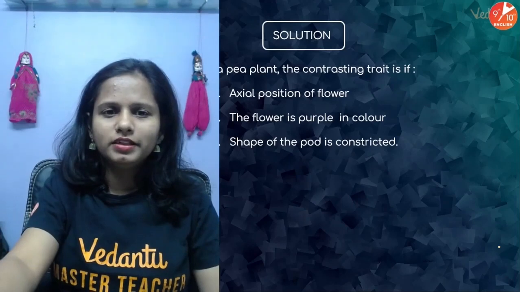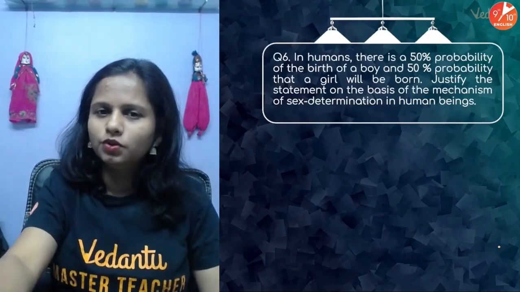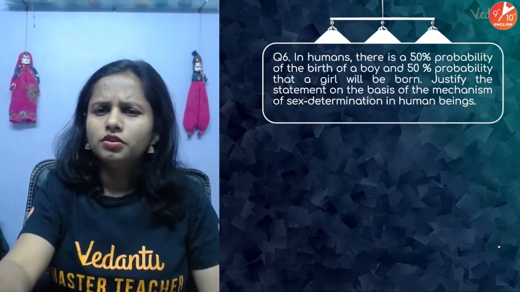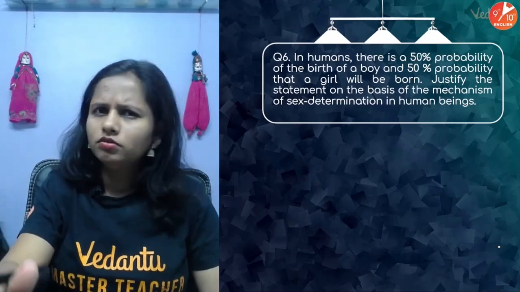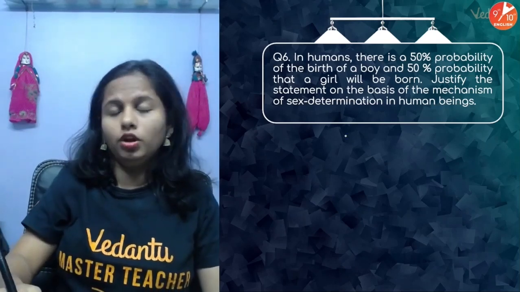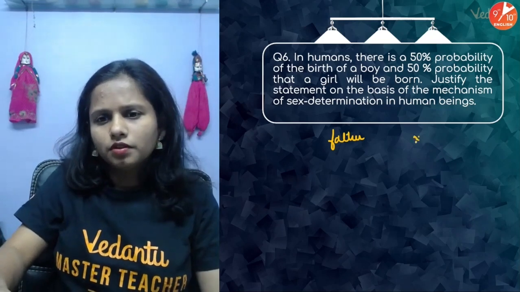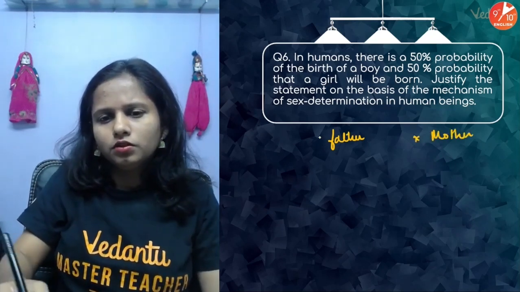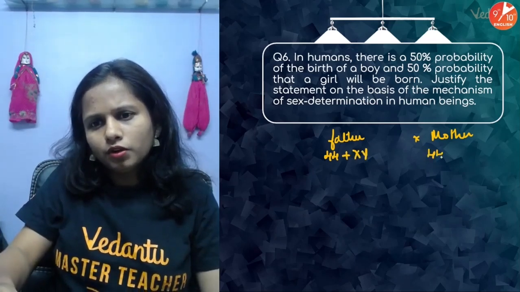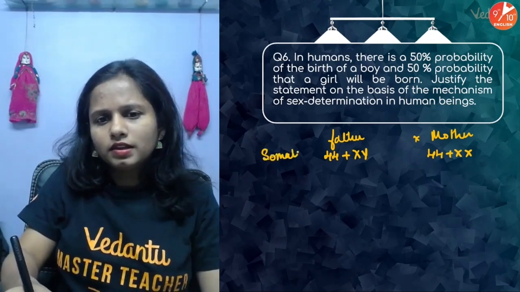Let's proceed further. Now section B. In humans, there's 50% probability of birth of a male child to a female child. Justify the statement. Always mention the cross, like father, mother: 44 plus XY, 44 plus XX. These are the somatic cells.